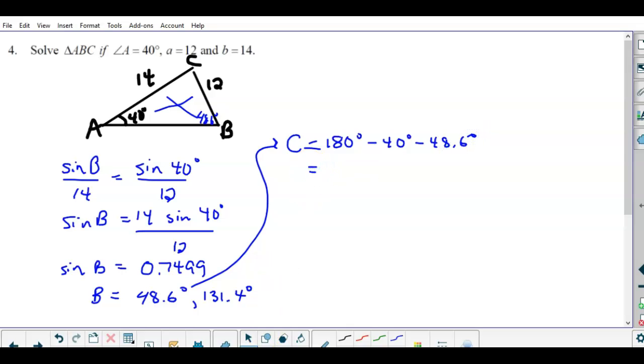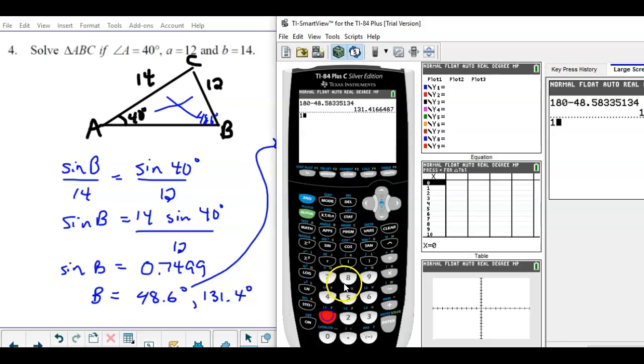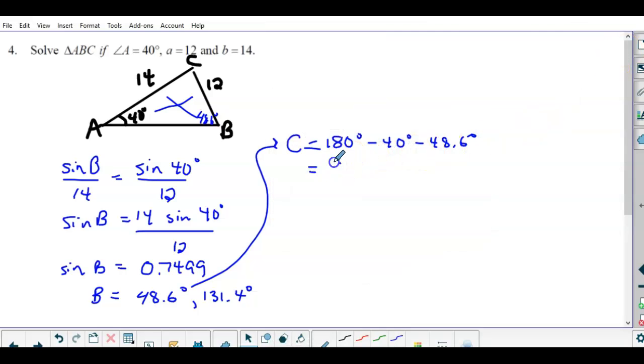Okay, and so you can do that 180 minus 40 minus 48.6. You don't need to go back to the unrounded because it's just one angle, so that's 91.4. So that's basically sort of what our diagram looks like.